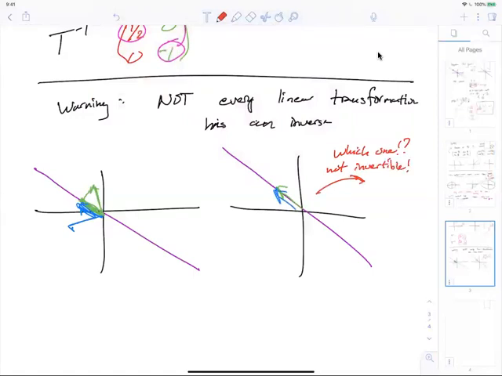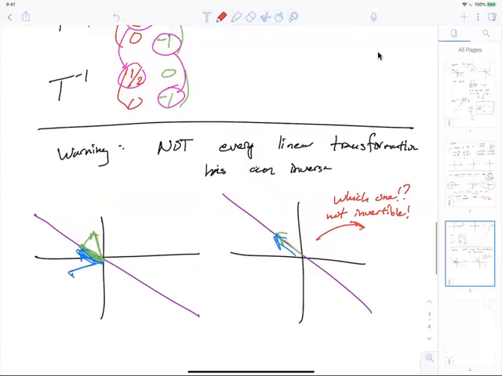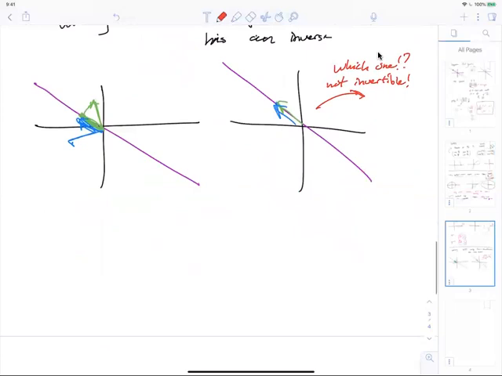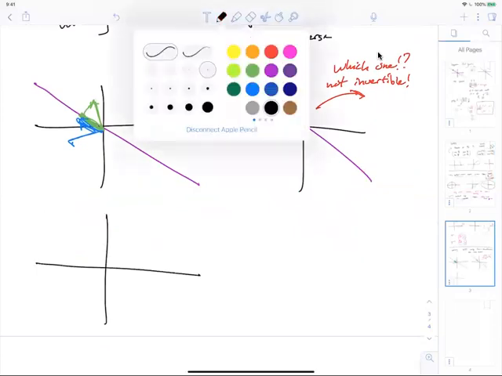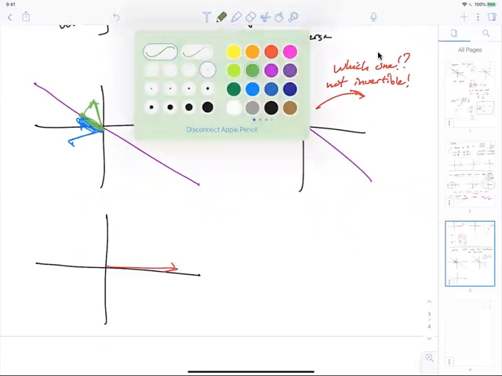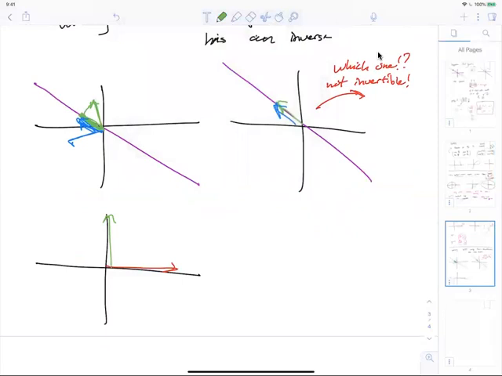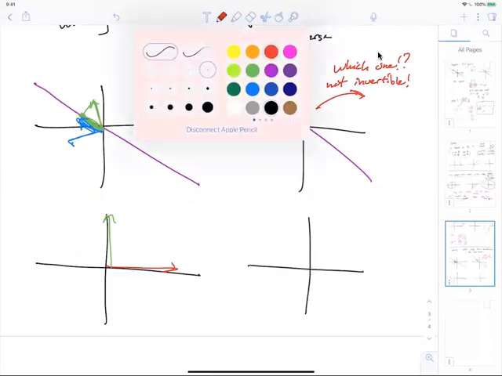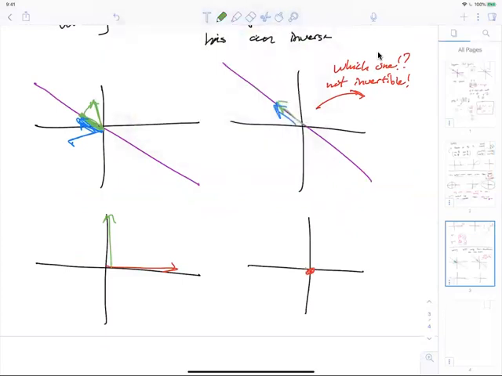Right, so not every matrix is going to be invertible. Not every transformation is going to have an inverse. For another example of one that's not invertible, this is an extreme example, is if we take every single vector and it just goes to the zero vector. So this is the transformation. This is just the 0, 0 matrix.